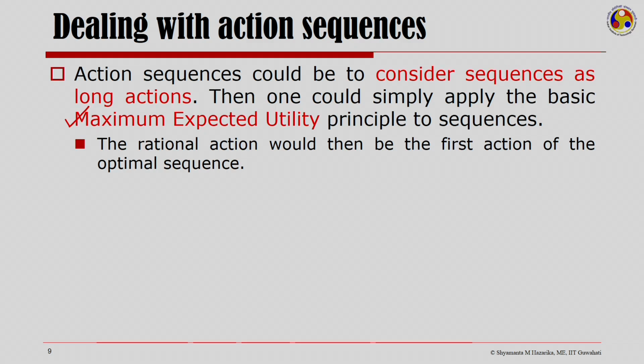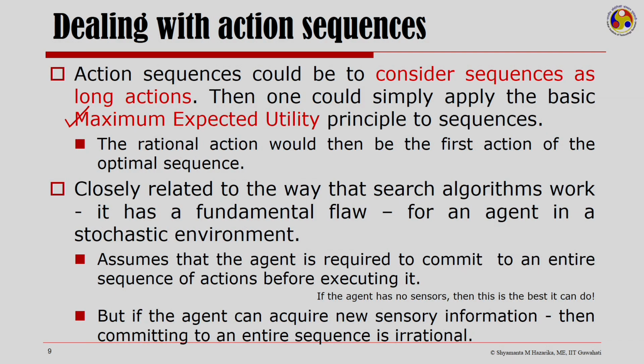But then there is a flaw in this approach. Even if it is closely related to the way that search algorithms work, for a stochastic environment, the flaw is that here I assume the agent to commit to an entire sequence of actions before executing it.